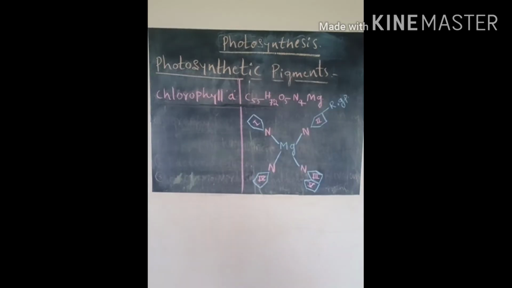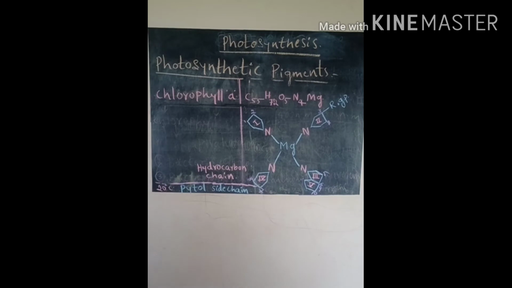The structure of the chlorophyll molecule includes a head and a tail part. The head is called the porphyrin head and the tail part is called the phytol side chain tail. The chlorophyll molecule has a centrally located magnesium, surrounded by 4 nitrogen atoms. These nitrogen atoms are connected with the pyrrole rings.